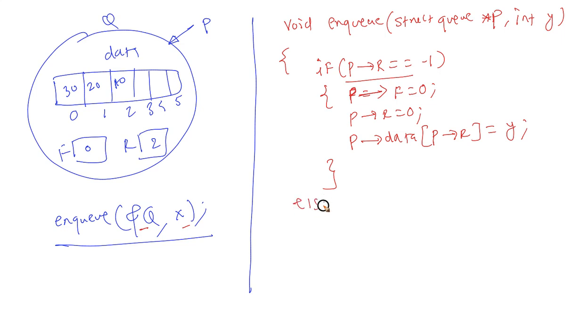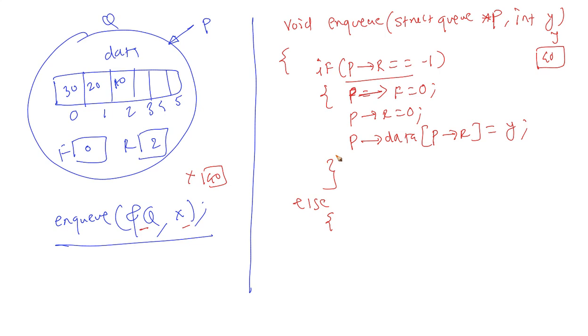Else, the queue is not empty. In that case, what will we do? As I said, this x, which is there in y here, let's say we pass 40, y is 40 and the x here was 40. I pass this x by value, so x is copied in y.